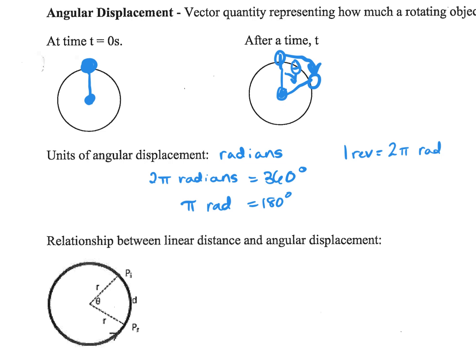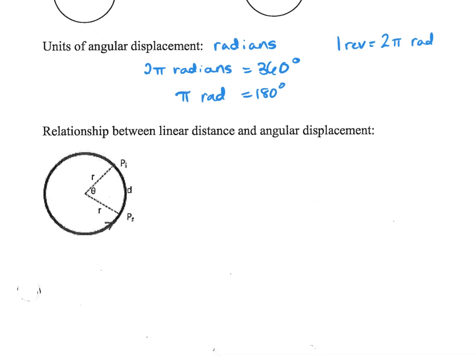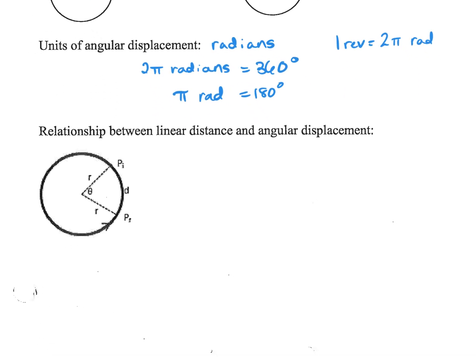Now, the relationship between linear distance and angular displacement. This is where your arc length formula comes in. And I don't like D here. I like to make this S, because that's what we use in math. S, that's that distance right there. It is part of the circumference, isn't it? So it is dependent on the radius.